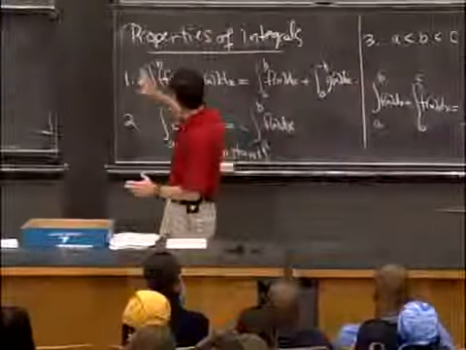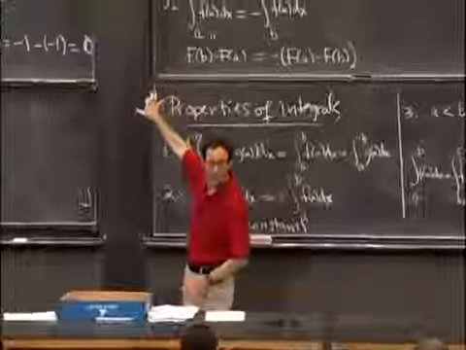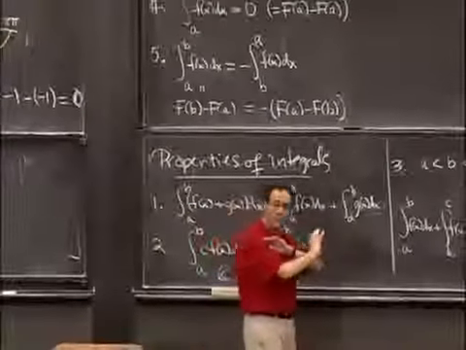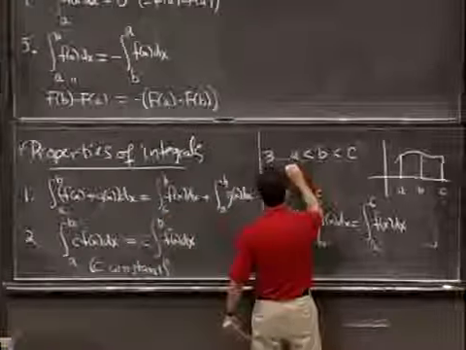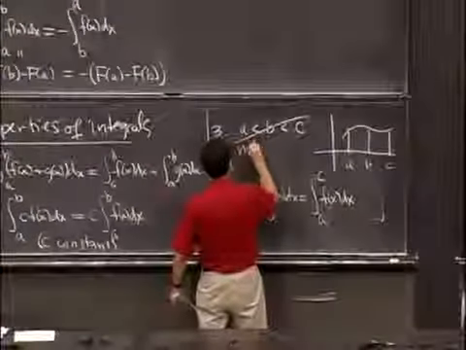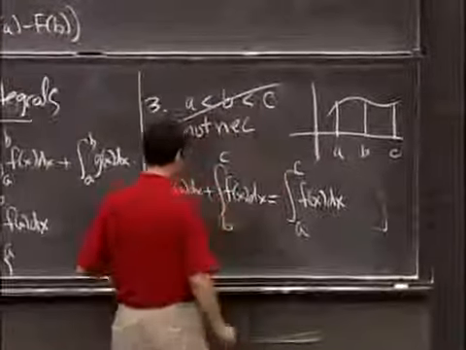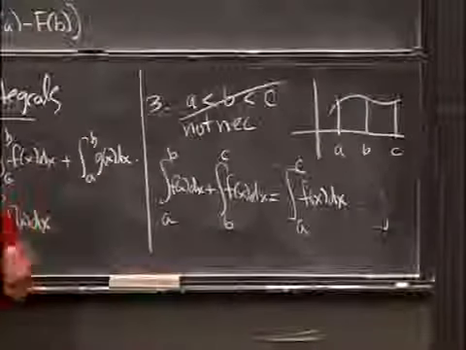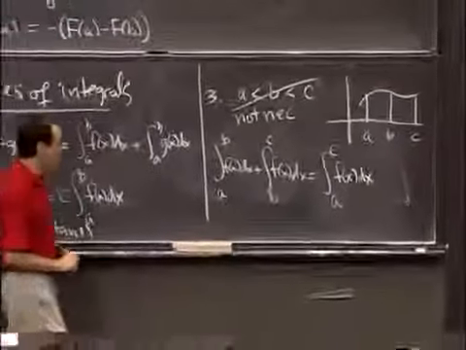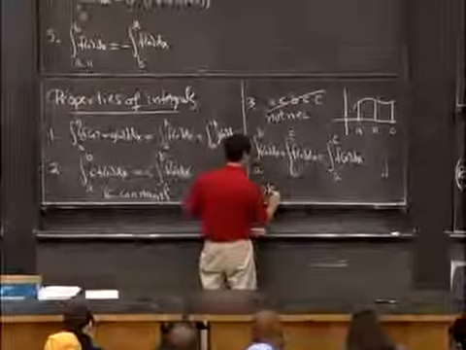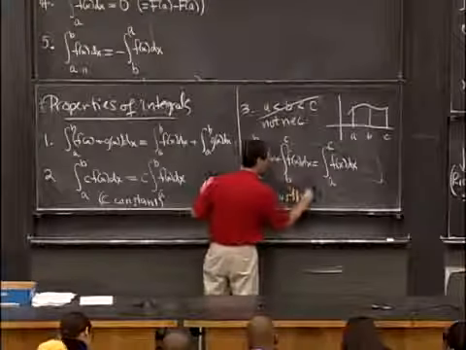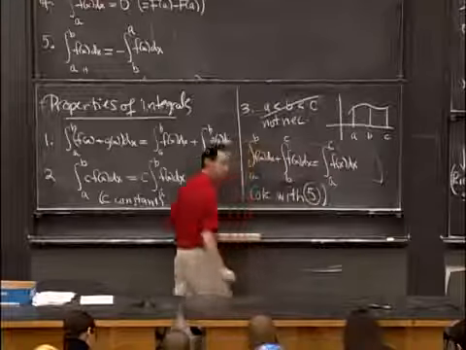And in fact, with this definition 5, 3 works no matter what the numbers are. So this is much more convenient. This is not necessary. It just works using convention 5.